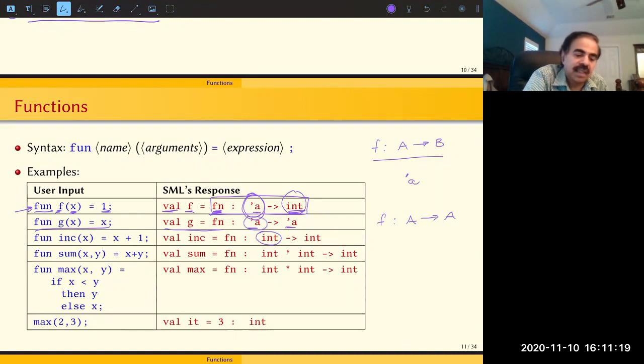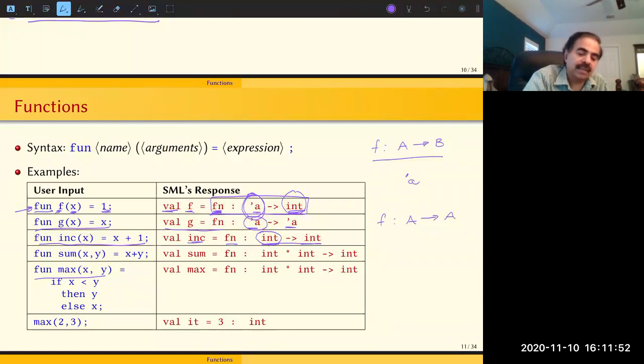When it says single quote and something, that's a way of saying that it can be any type. Okay, so here is an increment function which takes some argument and returns 1 plus that argument. And once again, it says, okay, inc is a function which goes from integer to integer. Okay, and here is a max function.